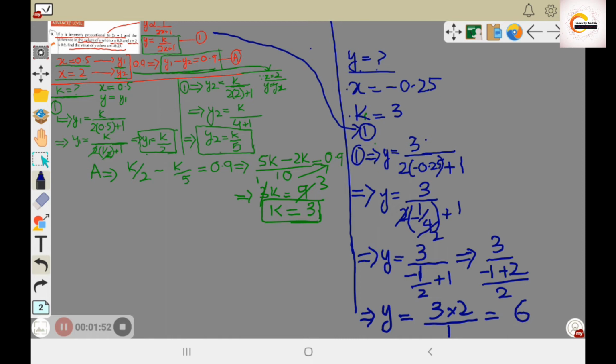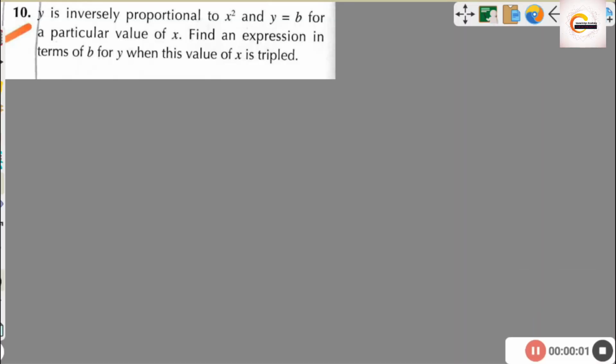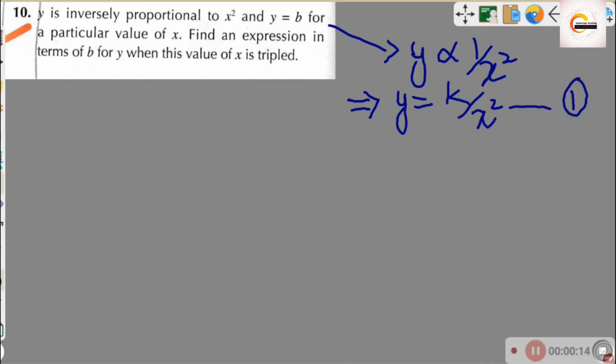Another question from the advanced level section, question number 10. If y is inversely proportional to x square, the relationship is like this, and let's put the constant of variation: y equals k upon x square. Let's call it equation number 1.